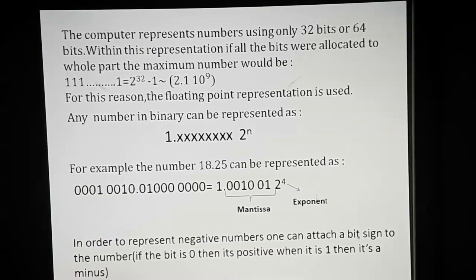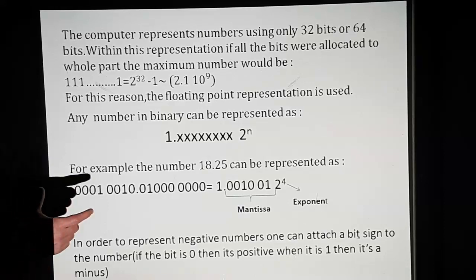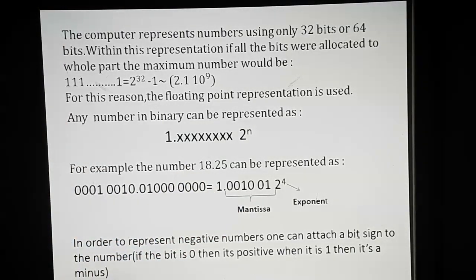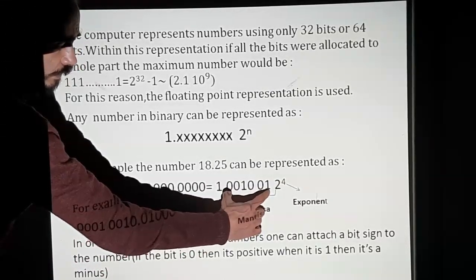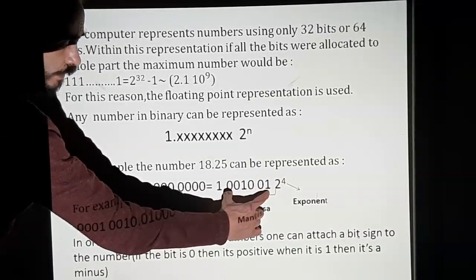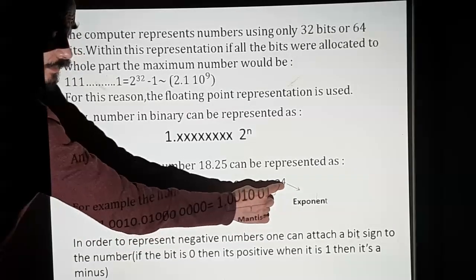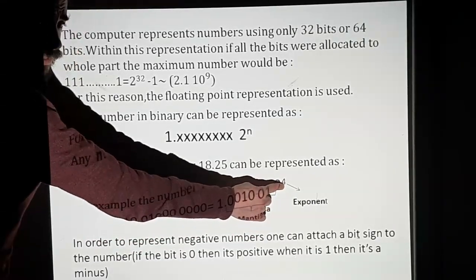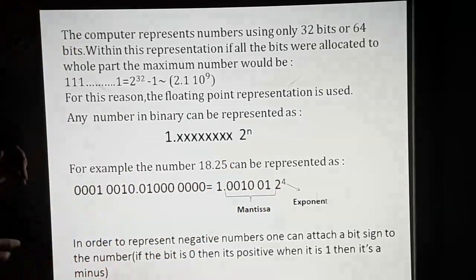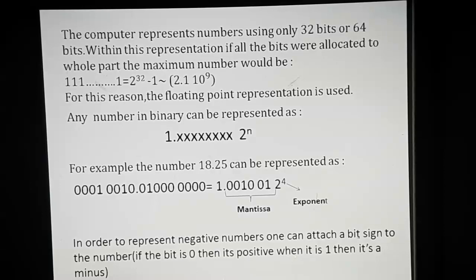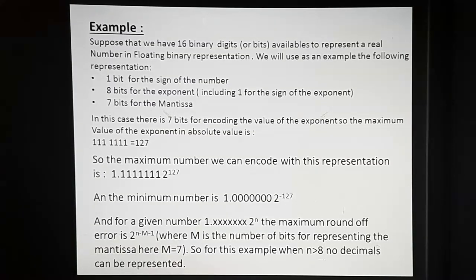Now, when we want to represent any number in the floating point representation, we have just to encode the mantissa and the exponent, and the value of the exponent in binary, and this would be enough to represent the number.